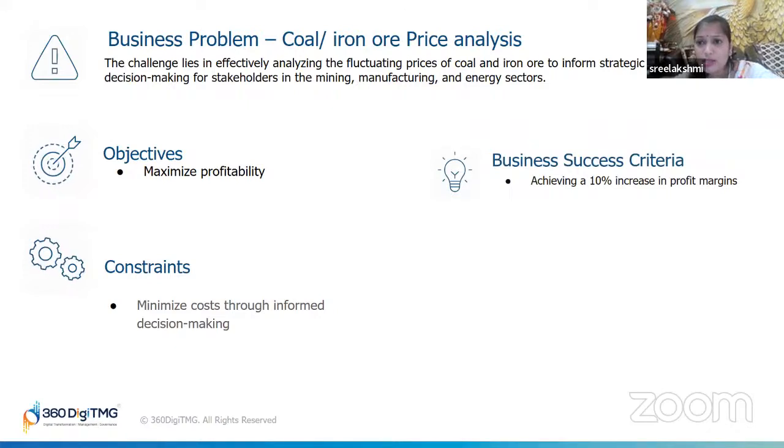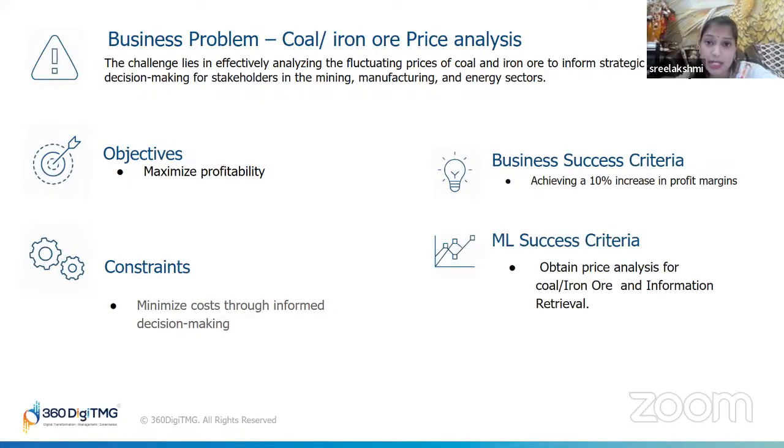Coming to the business success criteria, friends, achieving a 10% increase in the profit margins is our aim. Talking about the ML success criteria, we have to obtain the price analysis and buy this coal or iron ore at the least price.